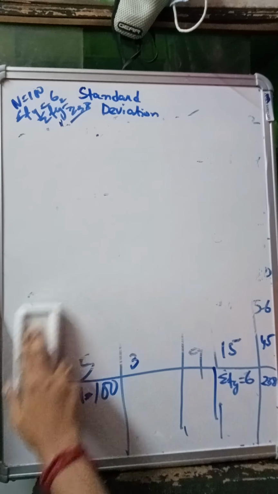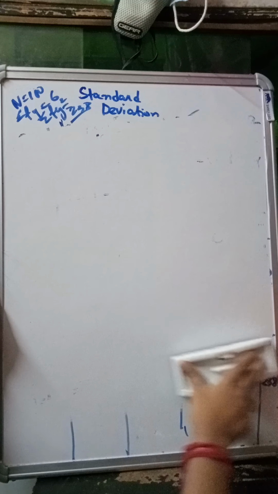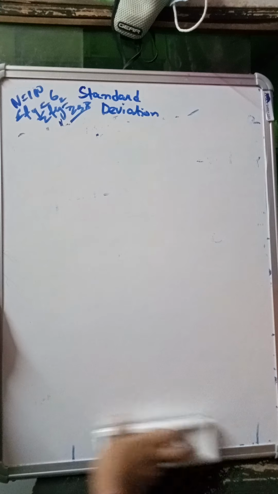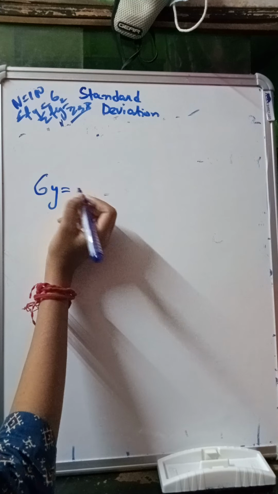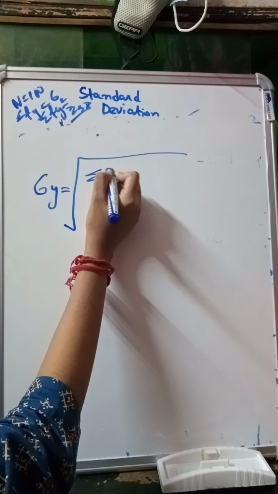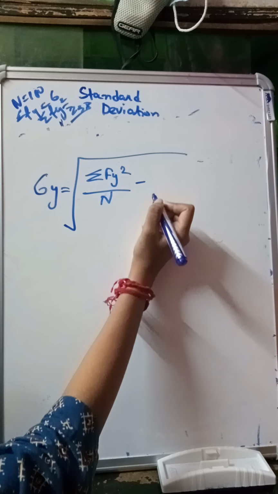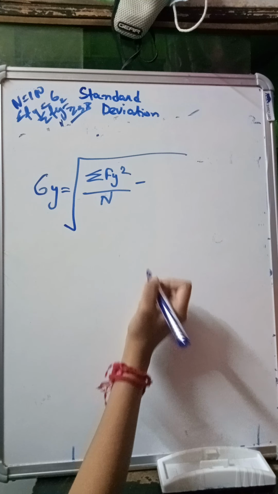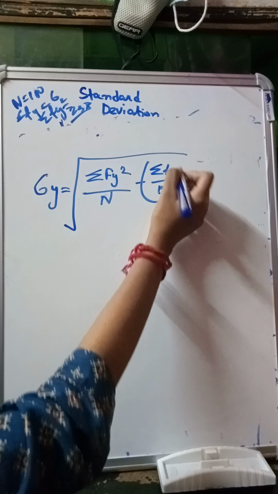Now as it is ungrouped data with frequency, we would use the formula which is with frequency. So what will be the formula? This will be sigma y is root over summation fy square by n minus summation fy by n whole square.